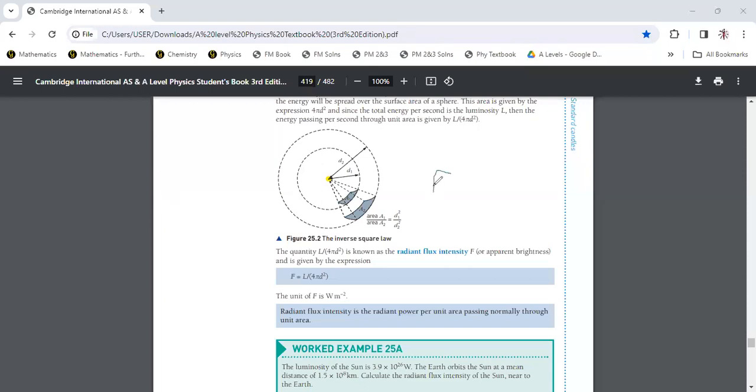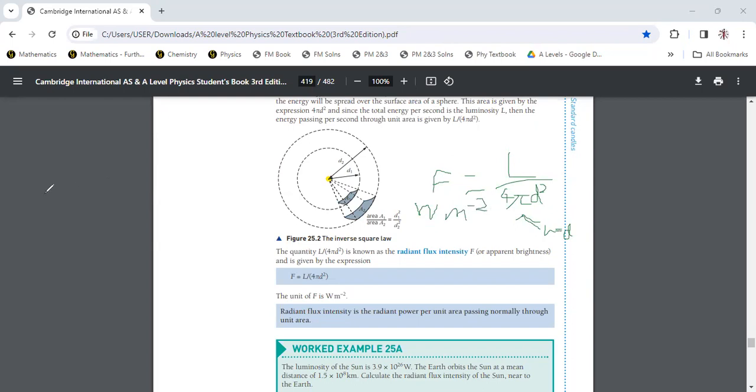Let me break this down. 4 pi d squared, where d denotes the distance away from us, is equivalent to the surface area of a sphere if you consider the radius to be d. Because of this, area will be expressed in meters squared, which is why using our standard units, you get watts per meter squared.